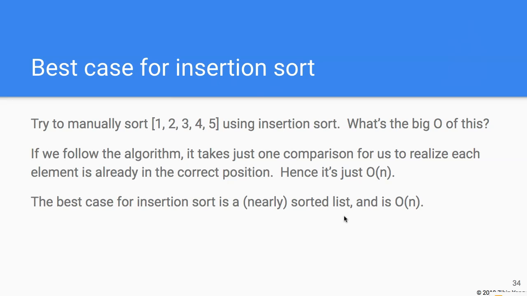And believe it or not, you'll be seeing examples of this later, not all sorting algorithms can do this. Some sorting algorithms will take forever to recognize that the list is already done. So this is actually one very, very big advantage of insertion sort.